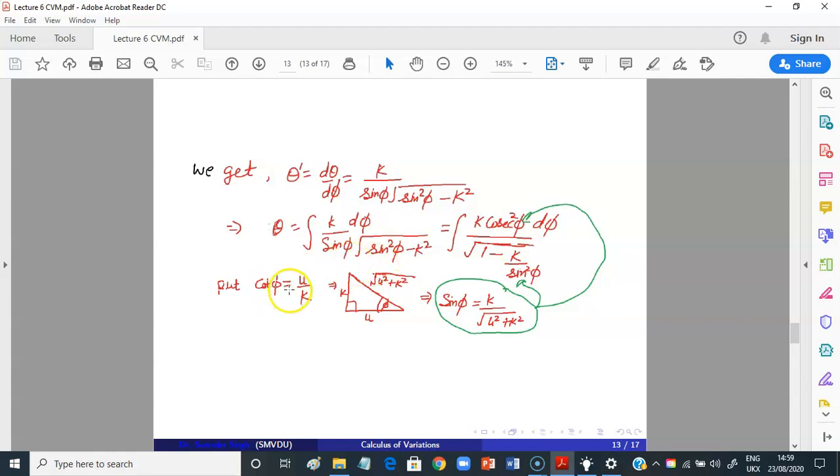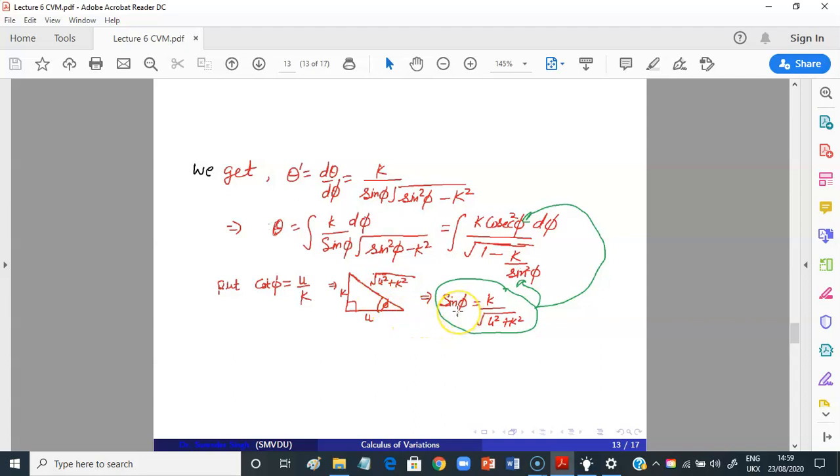Suppose you take cot phi equal to u over k. Then cot phi means base over perpendicular. When you know base and perpendicular, you can determine the hypotenuse by Pythagoras theorem. Now in a right angle triangle, when you know all three sides, base, perpendicular and hypotenuse, you can find any trigonometric ratio.